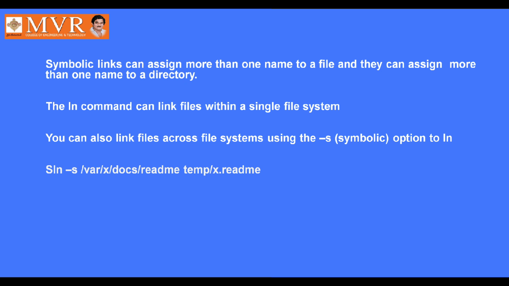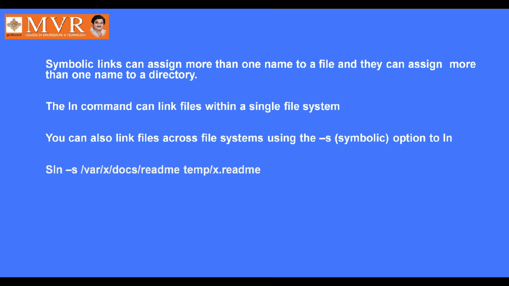So we are creating a symbolic link to the file whose name is readme. This is a file which is not in the same directory, and because it is not on the same computer, we use the full path name. We need to specify the total path where the file exists. That is what we are doing here.